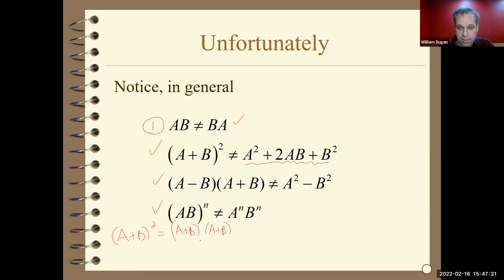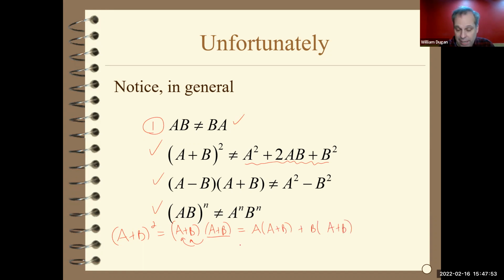Think of it as a matrix being multiplied into a sum. So that, not by definition, but by the property I gave you, would be A times (A plus B) plus B times (A plus B). Notice I did not change the order of the symbols.